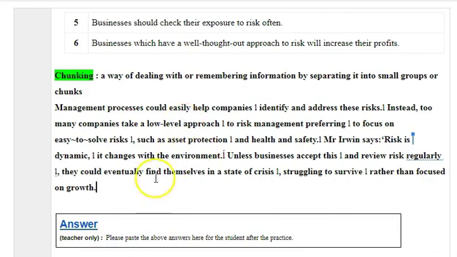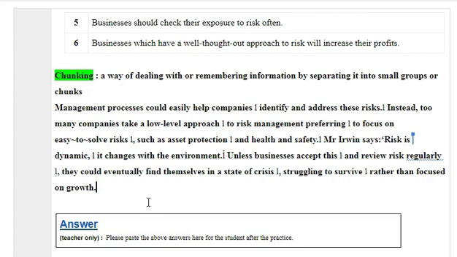So, management processes could easily help companies identify and address these risks. Instead, too many companies take a low-level approach to risk management, preferring to focus on easy-to-solve risks such as asset protection and health and safety.